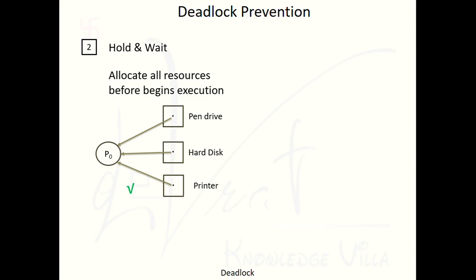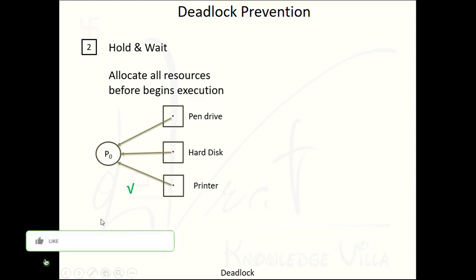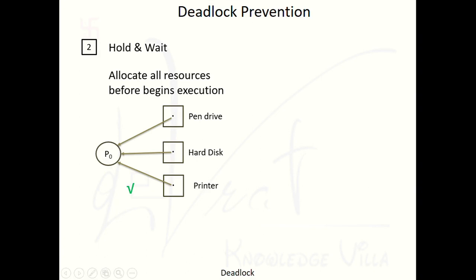But in every case it is not necessary that a process, before beginning the execution, knows how many resources are required by that particular process. In common cases, think about the fundamentals of an office. Whenever you are working on your allocated task, every time you do not require the analysis in hard copy.